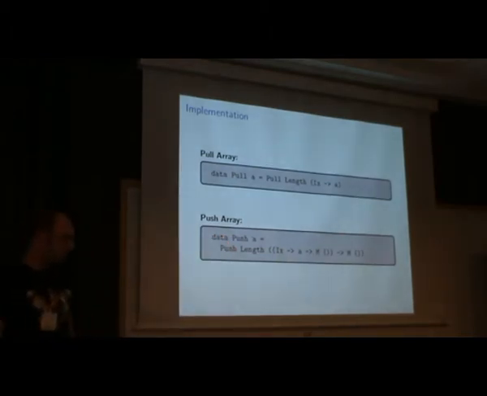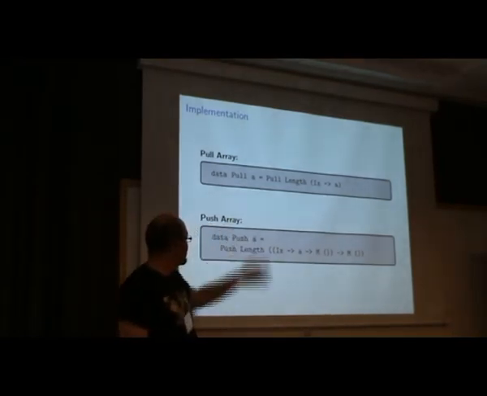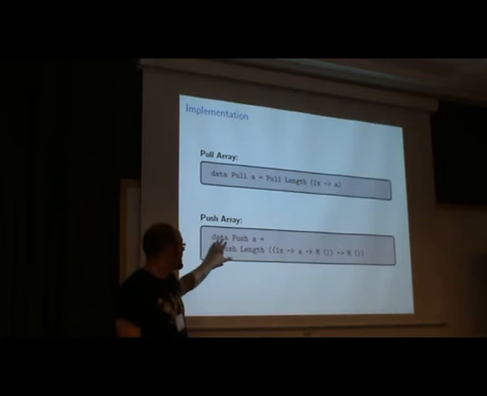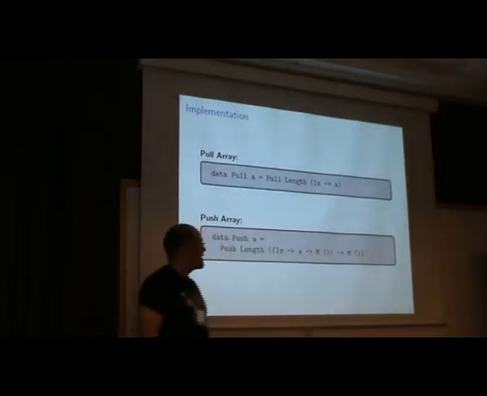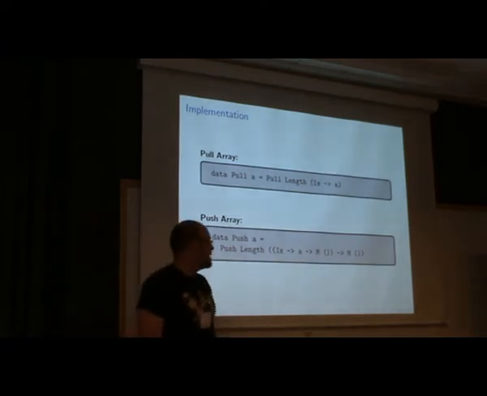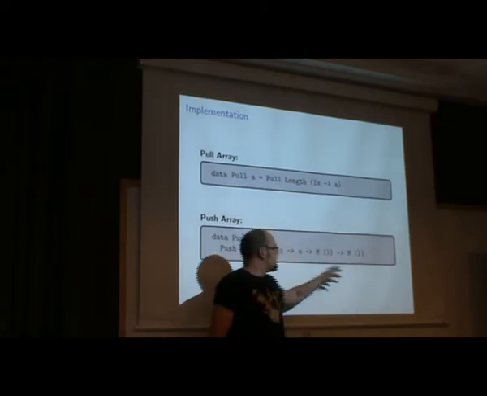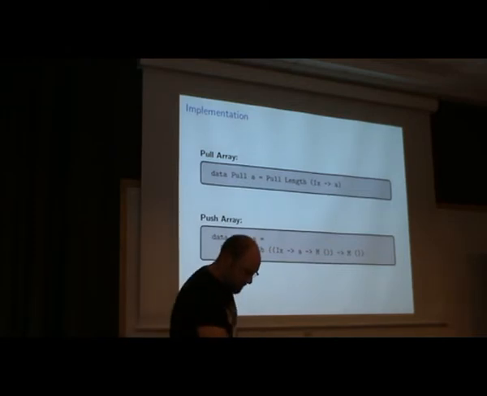This is what it looks like in Haskell code. Pull array is just the length and the function, and in the push array you can see what that write mechanism is. It's another monadic computation taking an index and an A, and the result then processes all index-A pairs through this write function.